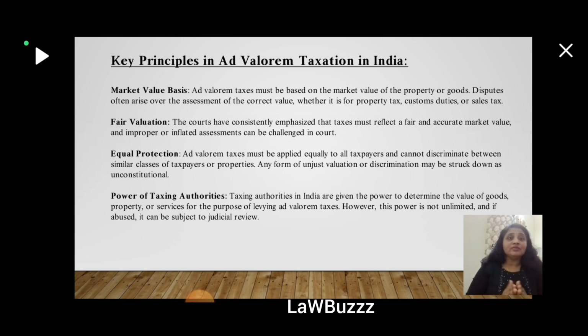The power given to the taxing authority is not unlimited. It has a limitation, and they have to follow the particular standards according to the law of the land. If it is misused or abused, it is subject to judicial review. Hope you understood. These are the key principles of ad valorem taxation in India.